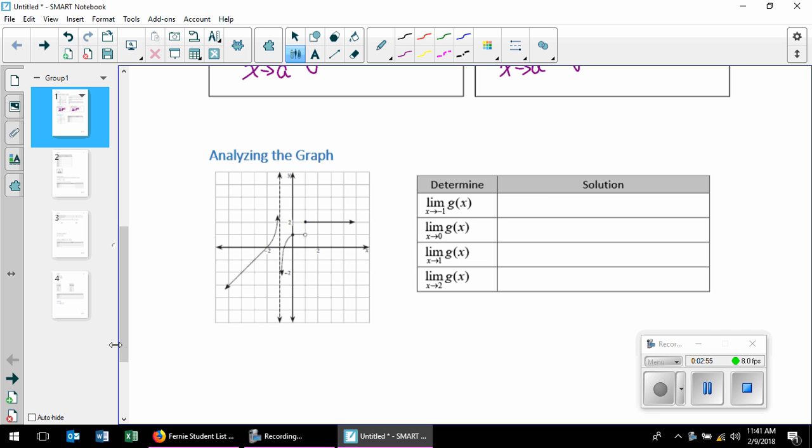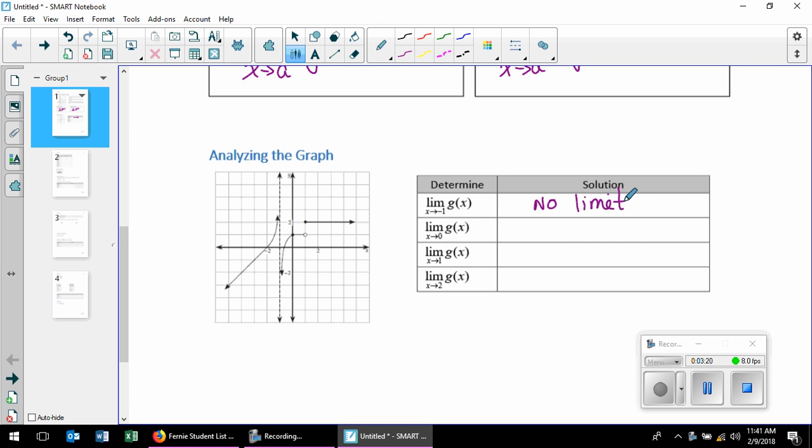The reason why we have no limit here, you're not wrong. That's supposed to be an i, we'll just go with it. If you're approaching from the left-hand side, where's your graph approaching? Up, positive infinity, or up? Either, I like positive infinity better. If you're approaching from the positive side or the right-hand side, your graph is approaching negative infinity.